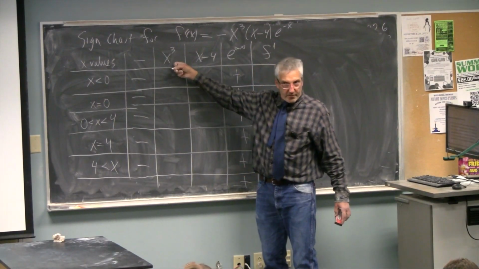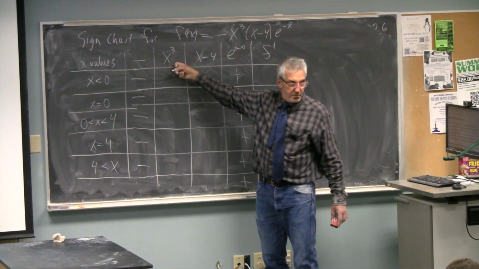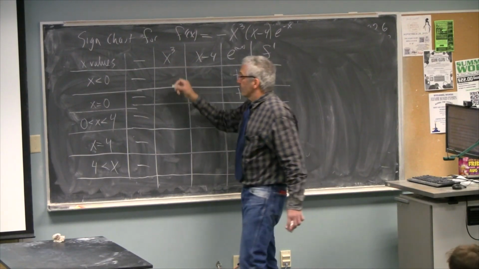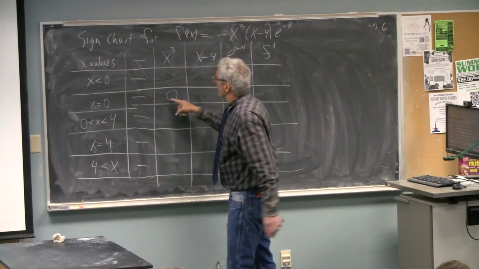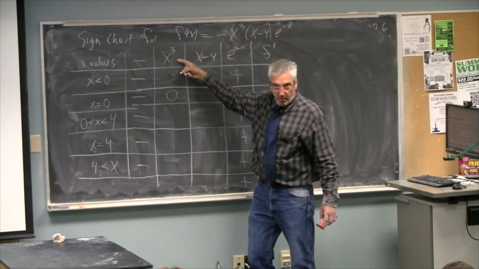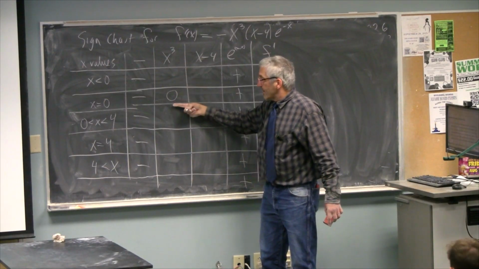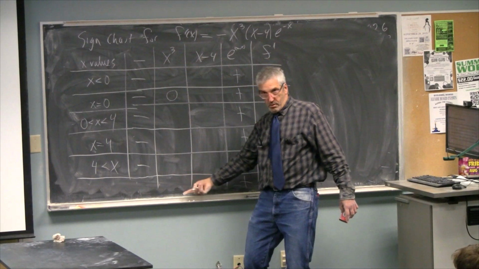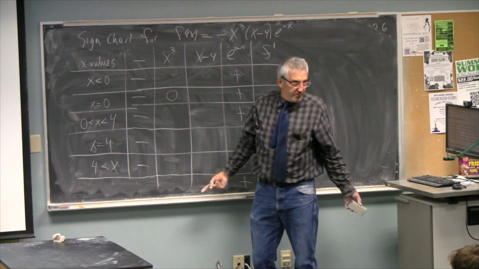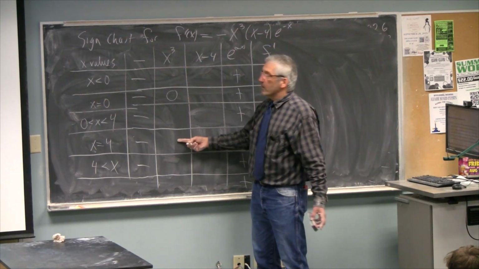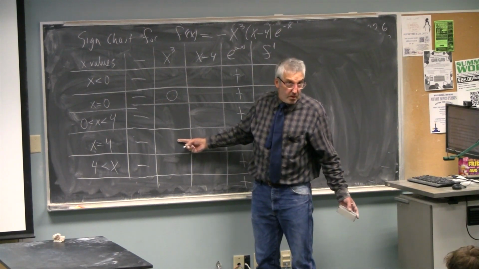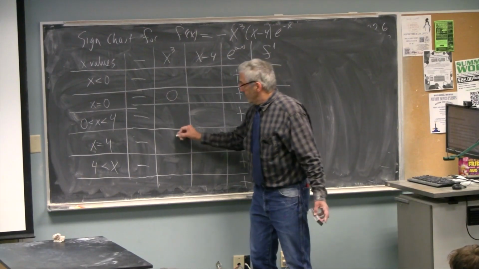The x value that causes that to be 0, that was Cooper's idea, when x equals 0, that causes x cubed to be 0. Now let's think about all those other x values. Any x value that's greater than 0. Well, I don't have to go through all of them. I just pick any of them. Like say x equals 4. X cubed would be 64. So that means positive.